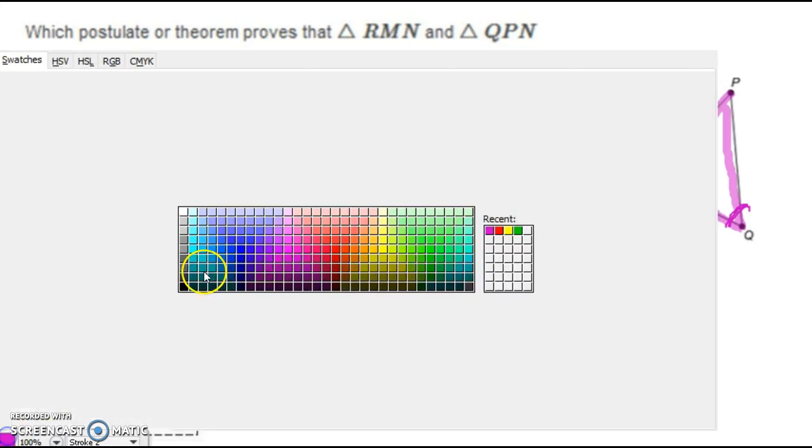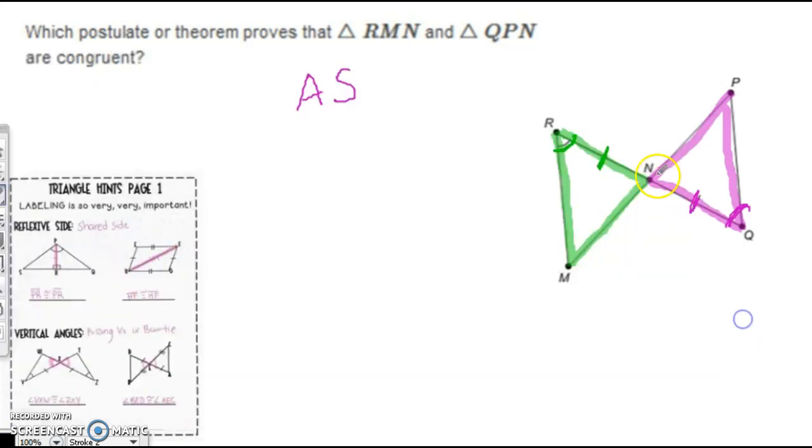That's something we talked about a few lessons ago. So I'm going to mark that this angle is congruent to that angle. Now in the green triangle we have an angle, side, angle, and in the purple triangle we have an angle, side, angle. So we have enough to prove that these are congruent using the angle, side, angle congruence postulate.